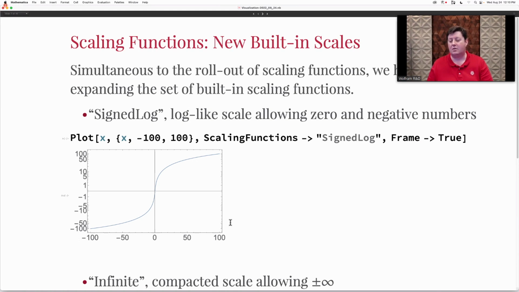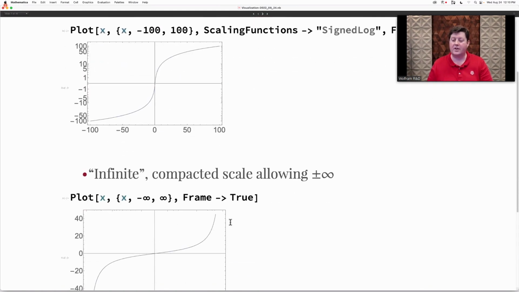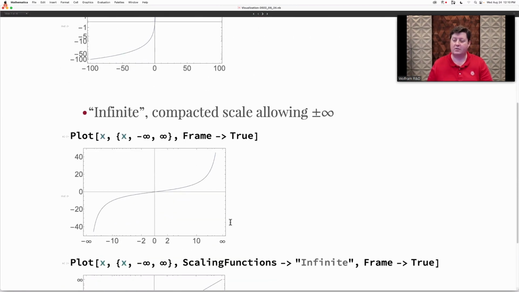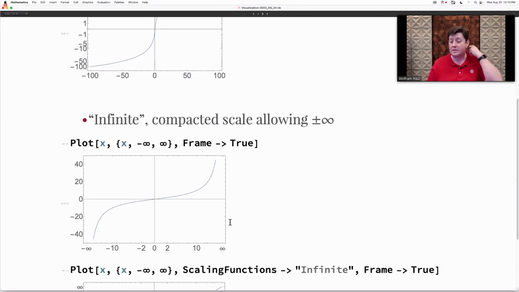And then we've also added infinite scaling functions. These are actually used by default if you do a plot with infinite bounds on the variable. So, plot of x goes from -infinity to infinity. In this case, the curve doesn't get all the way out because the automatic plot range calculation clips it at plus or minus 40-ish.